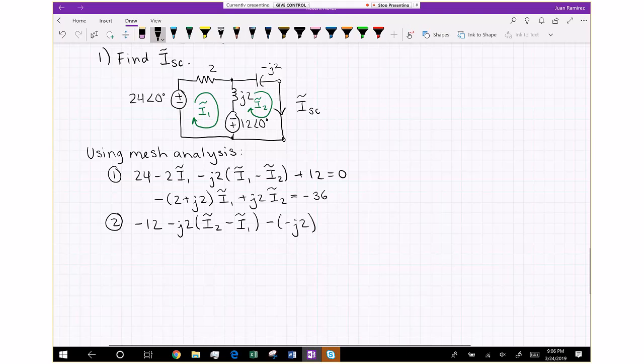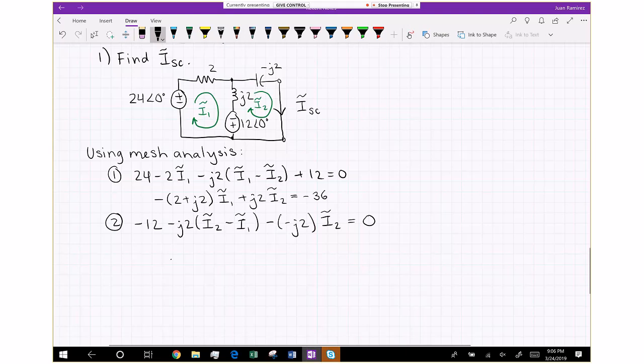And now we're going to have a voltage drop across that capacitor, but the impedance of the capacitor is negative, so it'll be minus negative J2. And then obviously for the short circuit, there's no impedance there, so there's no voltage drop.